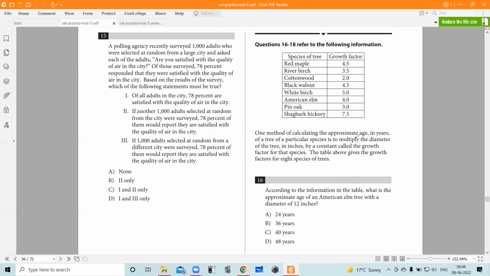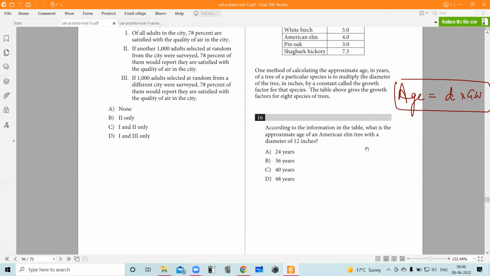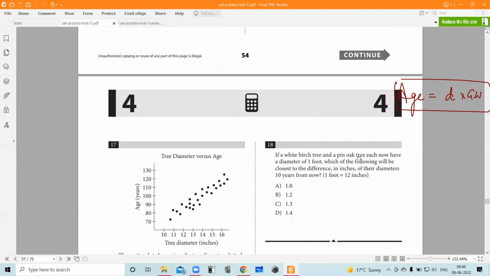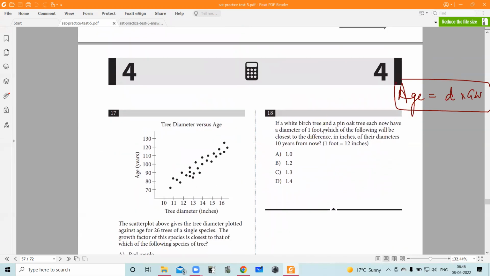So the age of any tree is equal to the diameter of the tree multiplied by the growth factor, correct? Yes. All right, so this is the formula. And then 18 is telling us if the white birch tree and pin oak tree each now have a diameter of 1 foot, which of the following will be the closest to the difference in inches of the diameters 10 years from now?